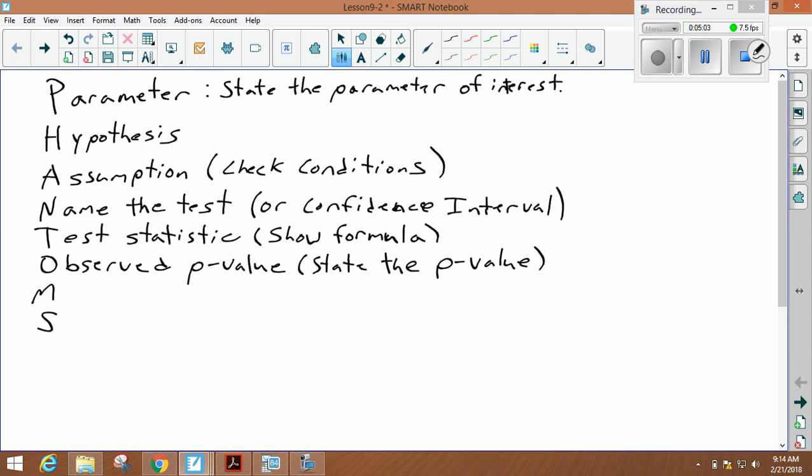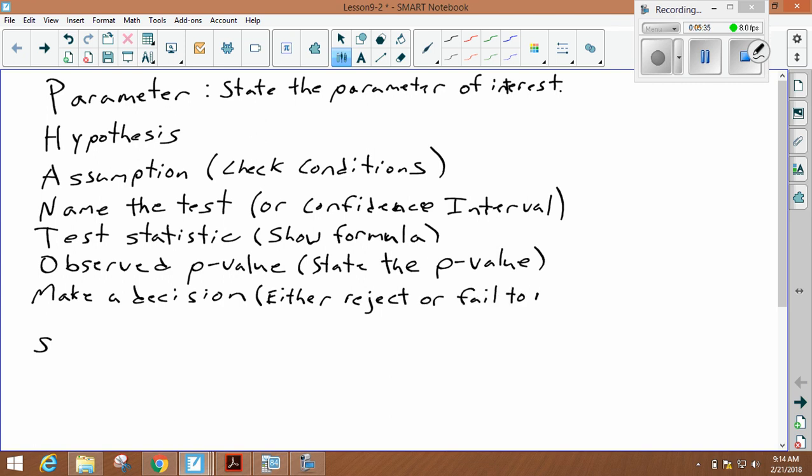M is make a decision. In this case, if we're doing some sort of inference, what decision are you going to make? You're going to either reject or fail to reject the null hypothesis, right?